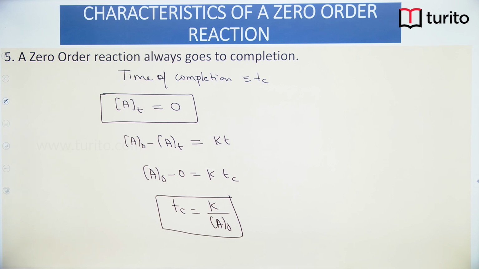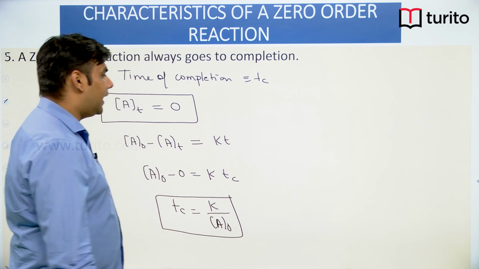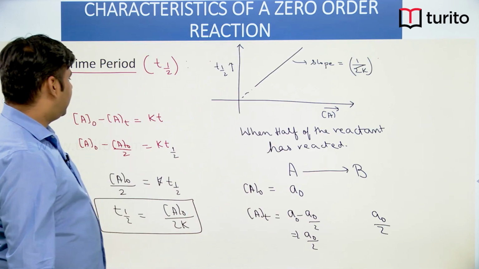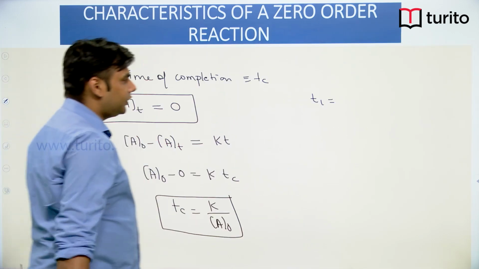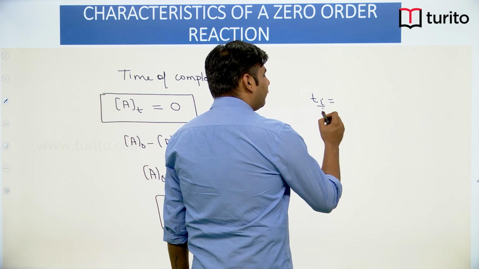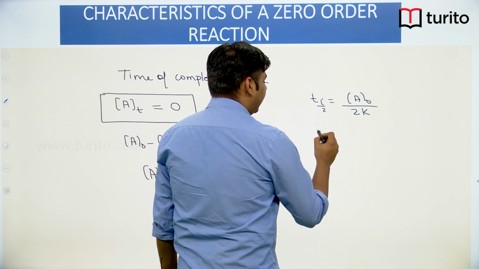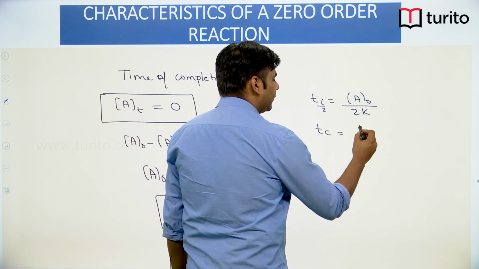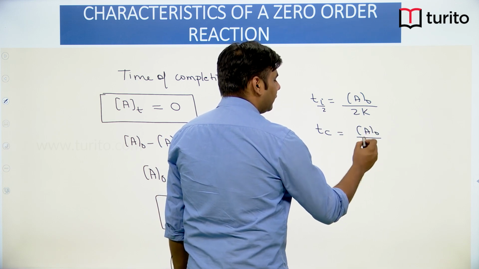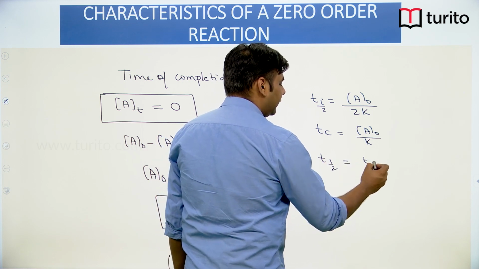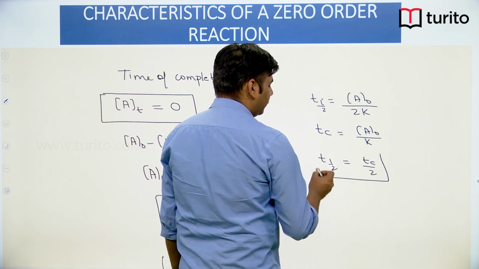T half was A naught upon 2K, and Tc, the time of completion, is A naught upon K. So we can say that T half is Tc by 2.